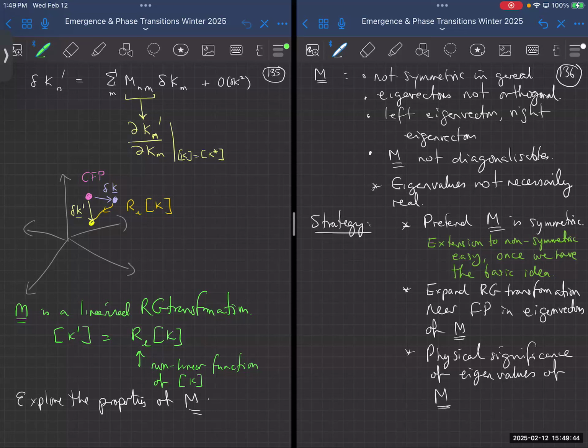So what we're going to see is that we're going to have different types of eigenvalues.